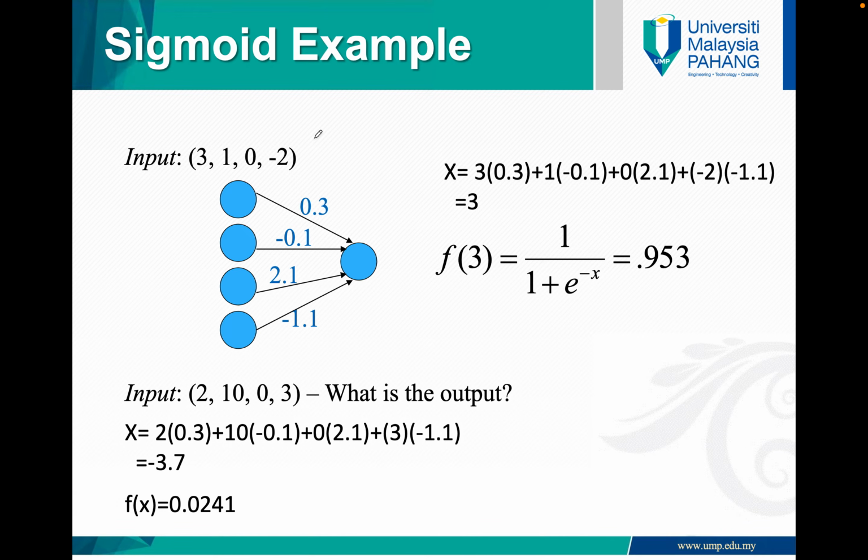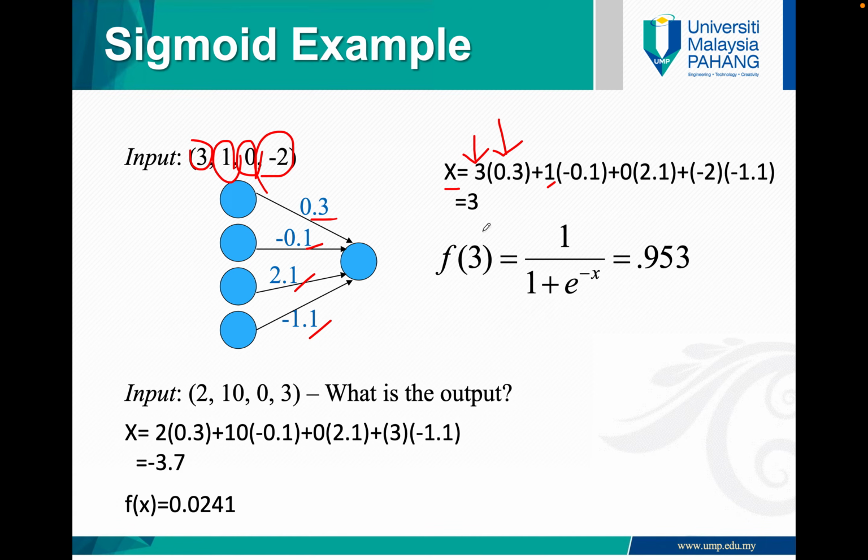So, let's look at the calculation. First you calculate x, which is the input times the weight. So 3 times 0.3, 1 times minus 0.1, 0 times 2.1, minus 2 times minus 1.1.